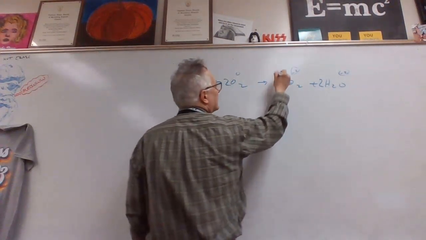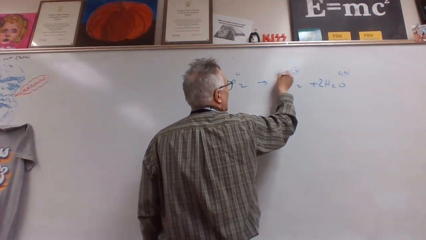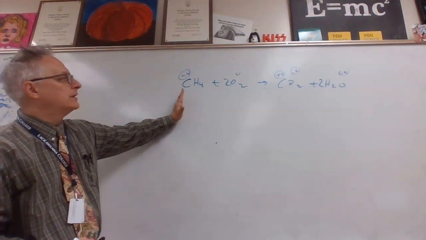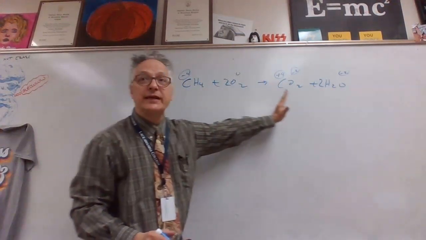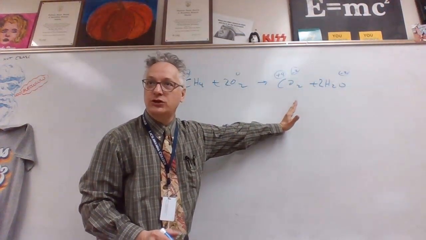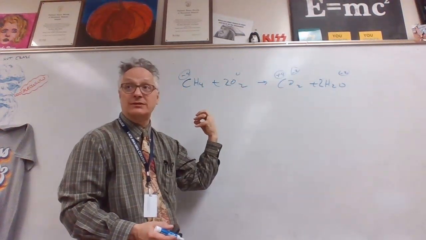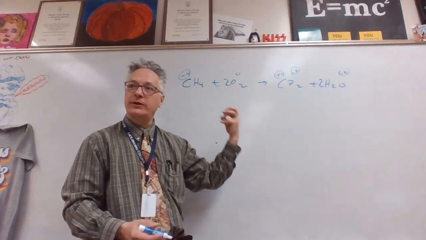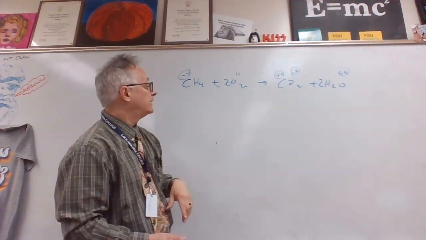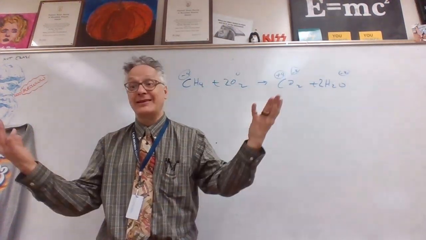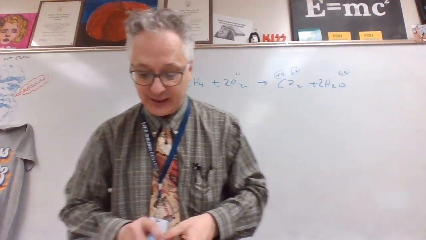And over here, I have to have a +4 oxidation state. So you can see that the carbon is losing electrons in this reaction, and the oxygen is gaining electrons. So the oxygen is being reduced, and the carbon's being oxidized. And that's all. If you can keep track of those things, you are going to be in pretty good shape.